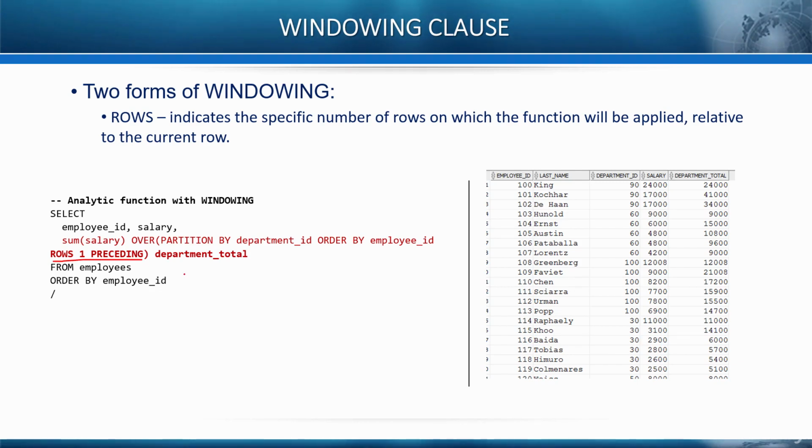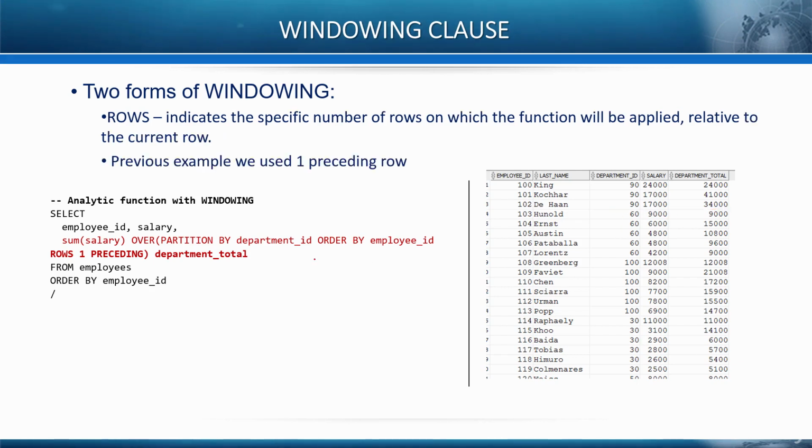So we are specifying the number of rows that should be included within that computation. And you see here, again, it doesn't nullify the power of the partition by and order by clauses. Why? Because if you look at what's going on here, it continues to reset the running total once you change the department.